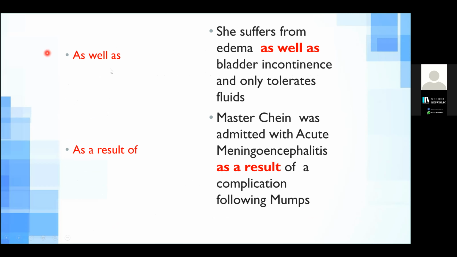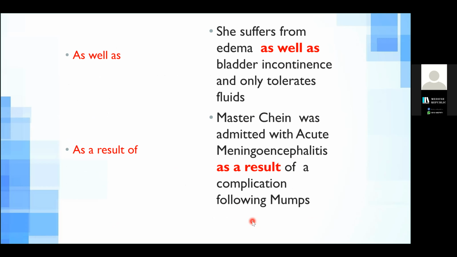Okay, so when we are using the word as well as: she suffers from edema as well as bladder incontinence. When we're using the word as a result of: Master Shane was admitted with acute meningoencephalitis as a result of complication following mumps.